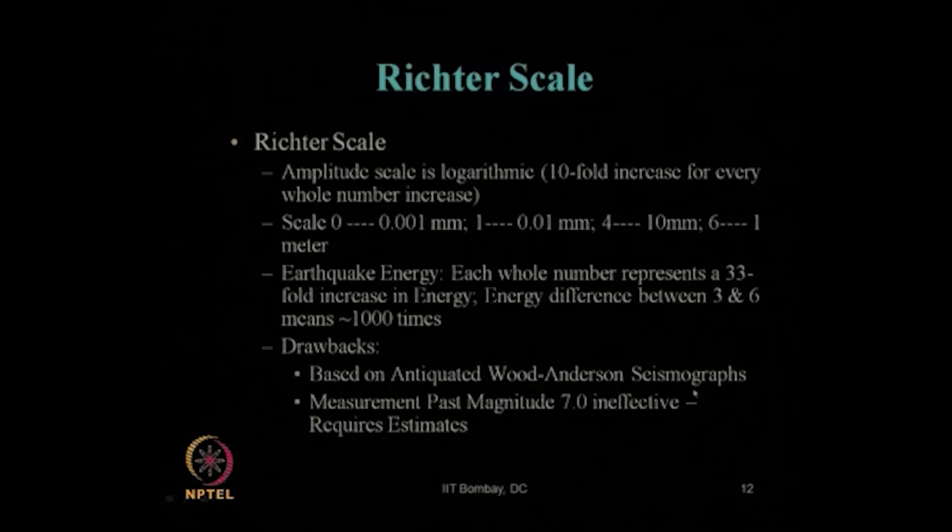So, it is based on that antiquated Wood-Anderson seismograph, and measurement past magnitude 7 is ineffective, and that requires estimate. What does it mean? The drawback of this Richter scale is that at higher magnitude, that is when the magnitude is more than 7, then the Richter magnitude estimation through this seismograph is not correct.